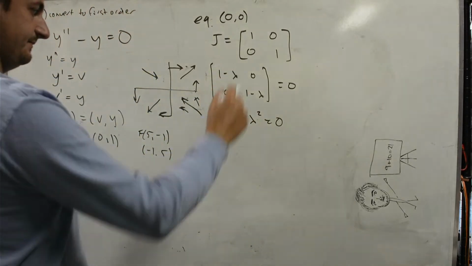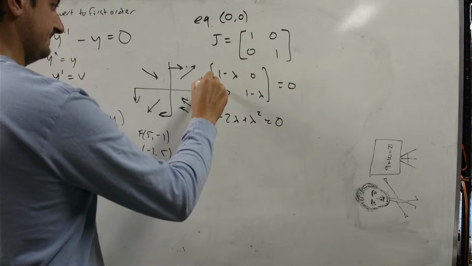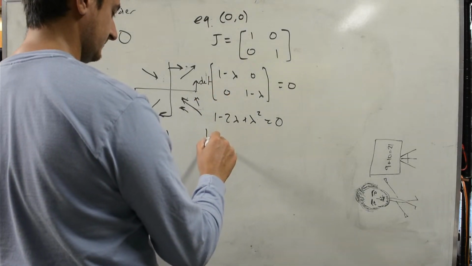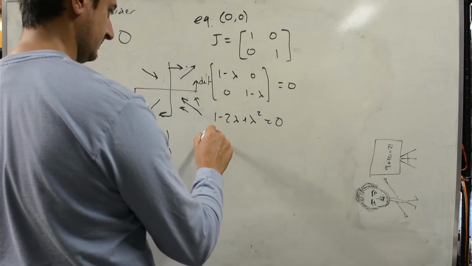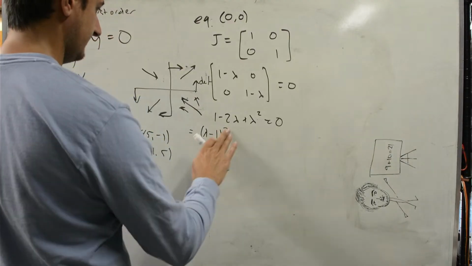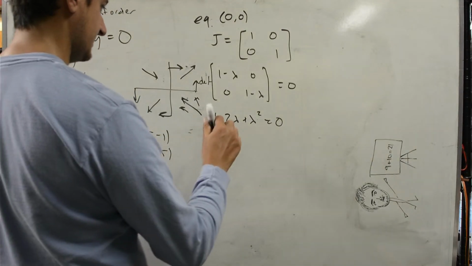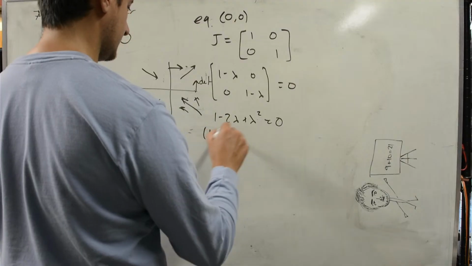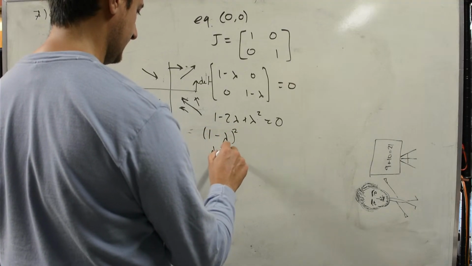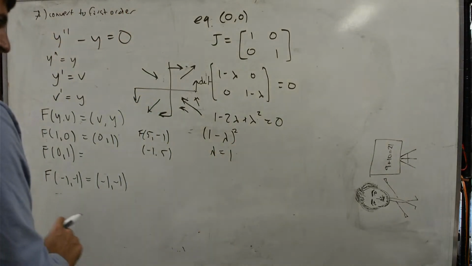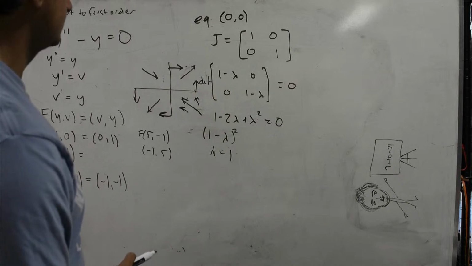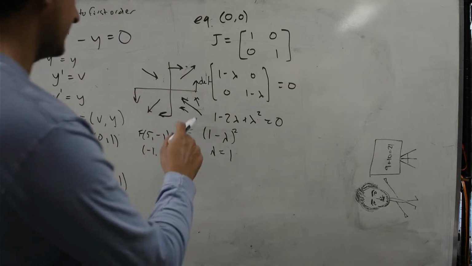For the determinant, det... isn't this equal, I mean, this is 1 minus lambda squared. What am I talking about? So then lambda must be 1, right? Wait, but there's a second.